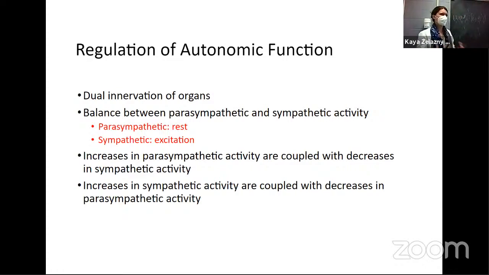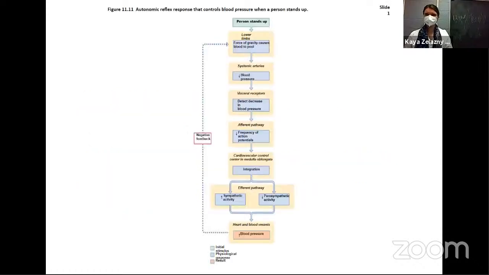So we think about them as involved with excitation, basically, right? Making your systems more active. So if we increase the activity of the parasympathetic nervous system, the sympathetic nervous system usually decreases its effects at the same time, and vice versa. So if we increase sympathetic activity, we're going to be decreasing parasympathetic activity.